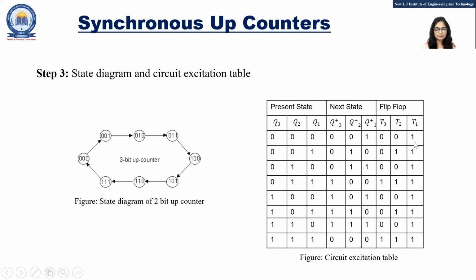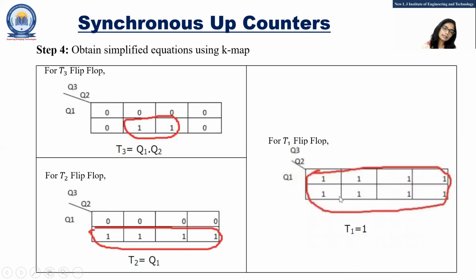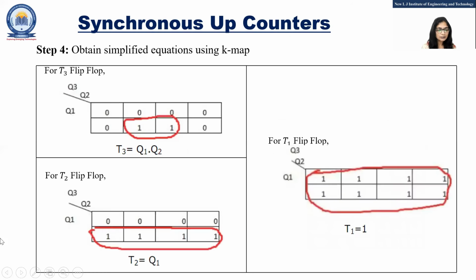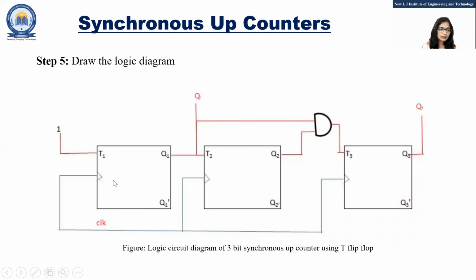Fine. So now we'll draw the K-map. From the K-map, we will get the circuit design. Here you can see T3 is equal to Q1 Q2, T2 is equal to Q1, and T1 is equal to 1. That's why a fixed logic 1 is given to T1.